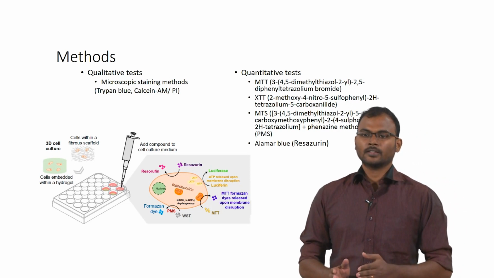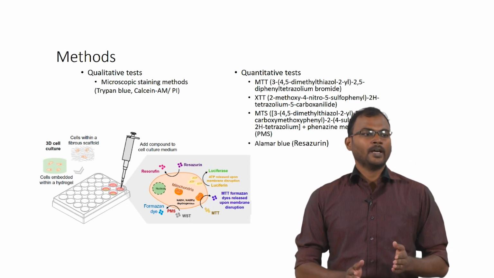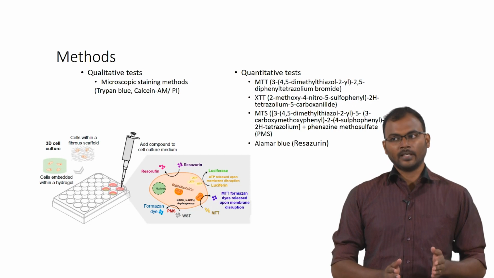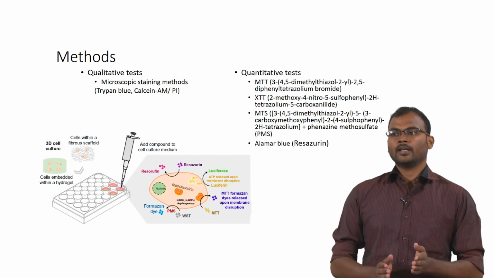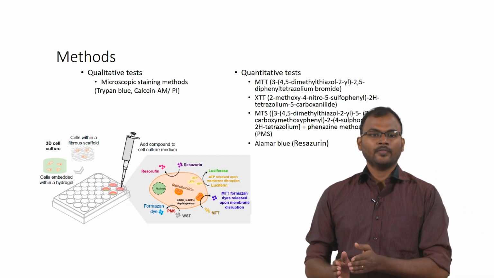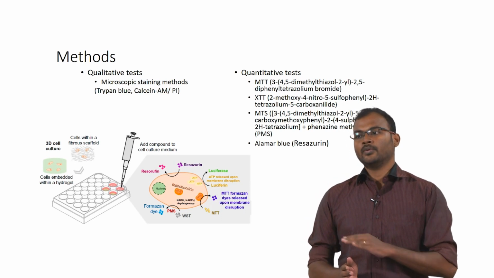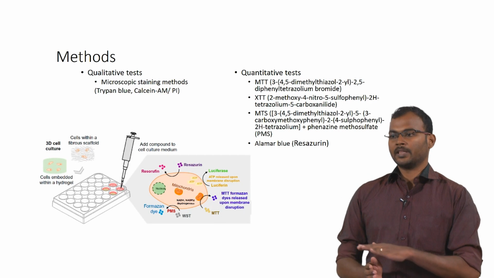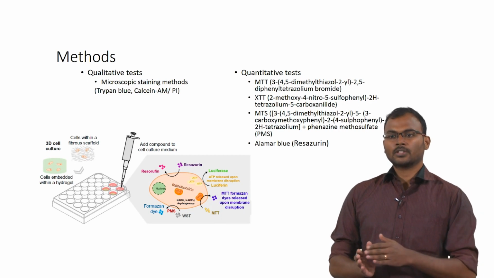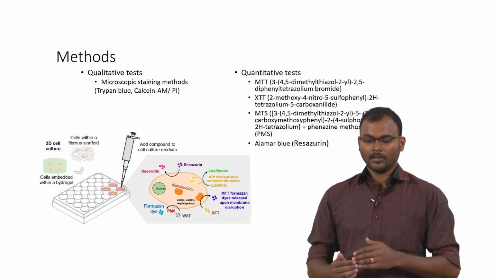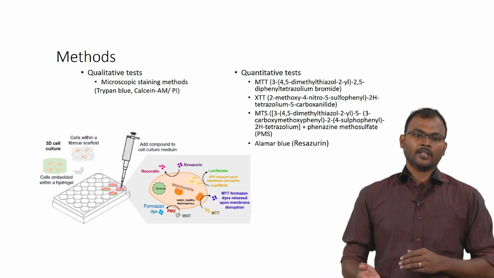So for all these things there would be a control, where you do not treat your cells with any of your samples. There would be another control where there will not be any cells, but whatever material you are using will be in the media also. Those controls are very important, because all these involve colorimetric assays.